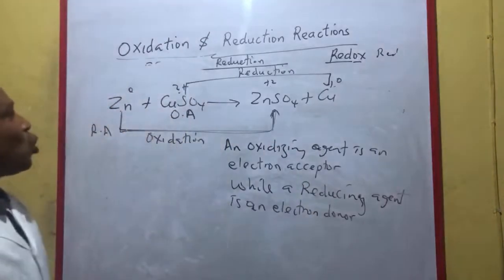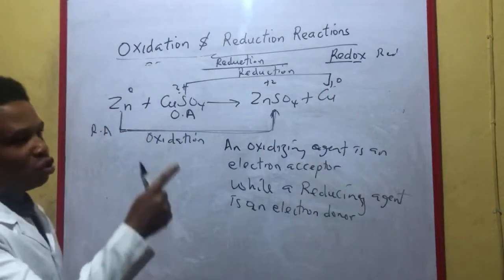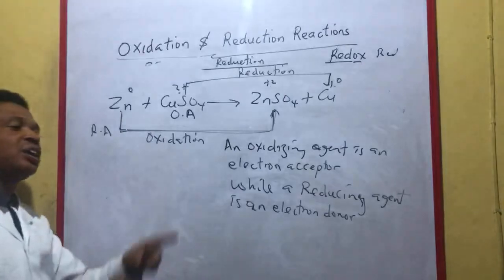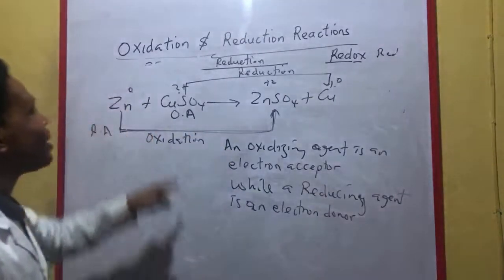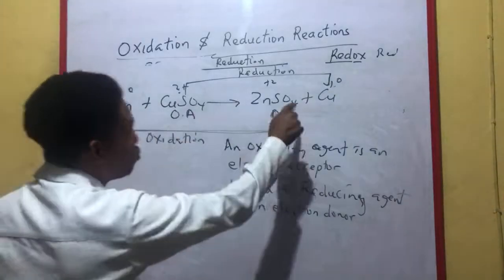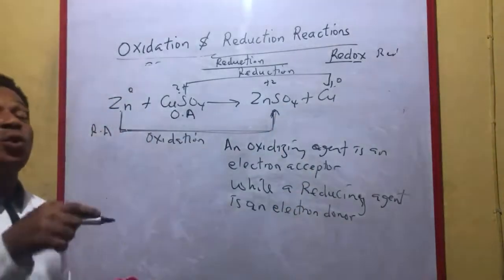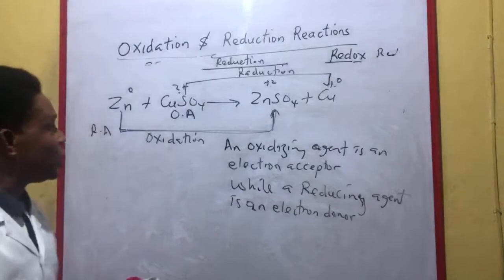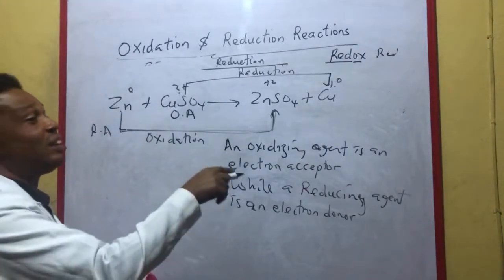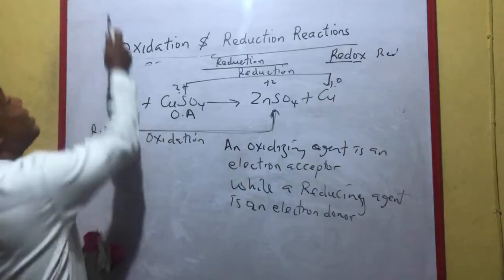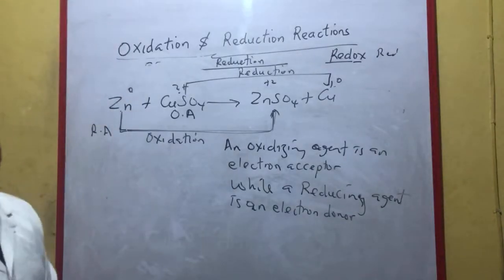Two, an oxidizing agent brings about a reduction, while a reducing agent brings about oxidation. Three, whatever is reduced in the redox reaction is an oxidizing agent.